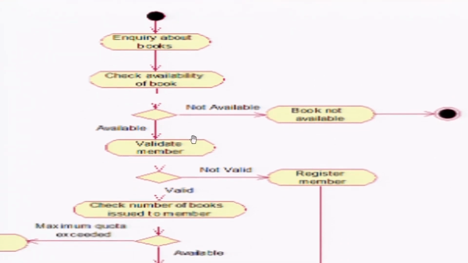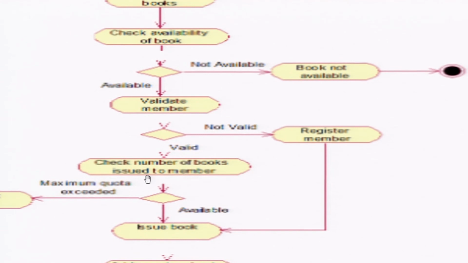If the book is available, the member will be validated, and if he is a valid member, then the number of books already issued to the member will be checked. If he is not a valid member, but belongs to the same college or university, his name will be registered, and the registration details will be given to the server.